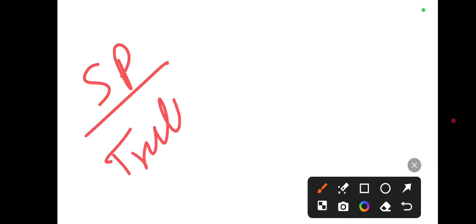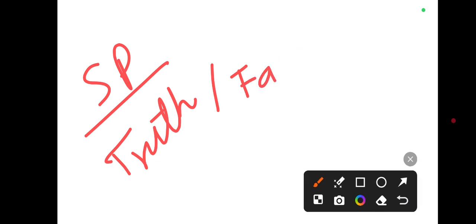Simple present tense is used for truth, general truth, scientific truth, universal truth, any kind of truth or facts. Because facts and truths cannot be changed, simple present tense is used for truth and facts.